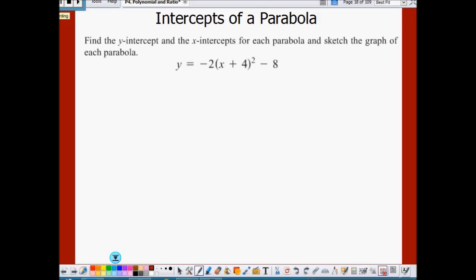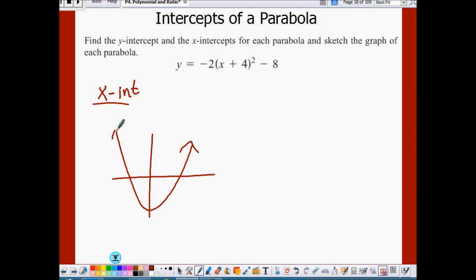Okay, the next part of the parabola is the intercepts. We've already talked about this. The x-intercepts, the y-intercepts, we discussed this when we talked about lines, and we've already discussed it with quadratic equations. Reminder: at an x-intercept, what's true about y?